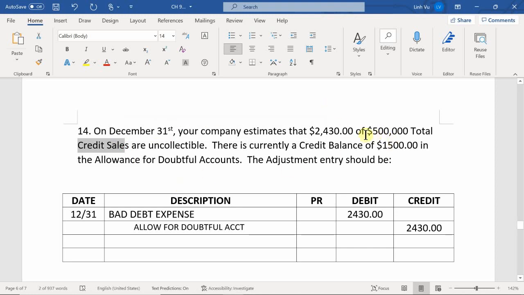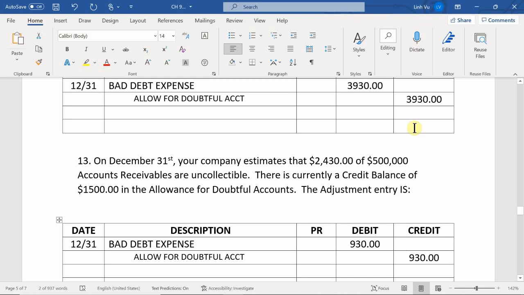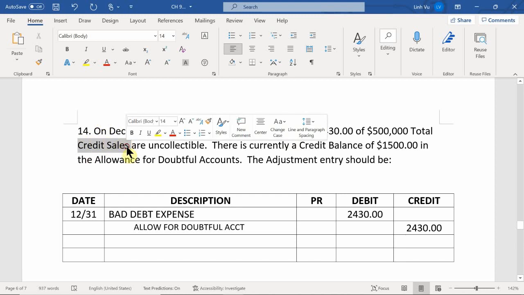Okay, so the difference here is you have this amount of total credit sales, where number 13 says total accounts receivable. Yes, this is the key. That's the key word right there. That tells you whether you're using the balance sheet or the income statement method. Okay, so in this case, question 14, you have total credit sales.